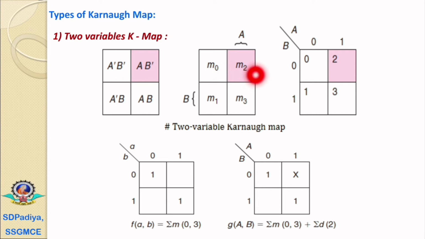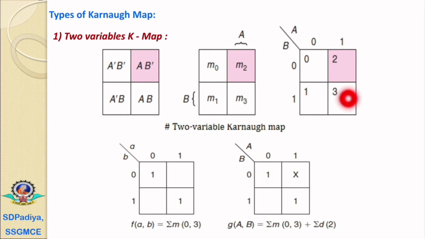For a b dash, it will be 1 0, that is m2, and the last a b, that is 1 1 in binary, in decimal will be m3. Now, these four positions are m0, that is 0 0. Second is m1, that is 0 1. This one will be 1 0, that is m2, and it will be 1 1, that is m3.